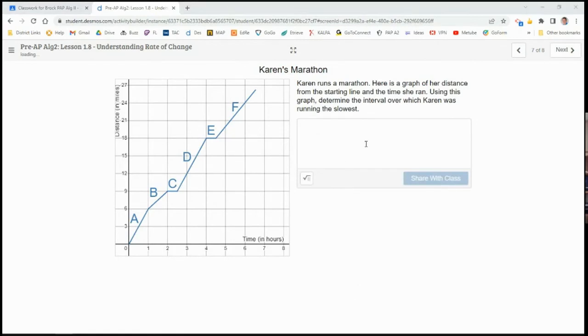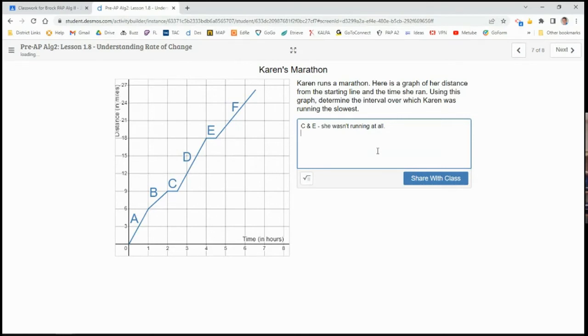Using the graph, determine the interval in which she was running the slowest. Well, that depends on how you want to answer it. Because C and E, she wasn't running at all. So is that when she's running the slowest? Depends on how you want to interpret that. She wasn't running at all.